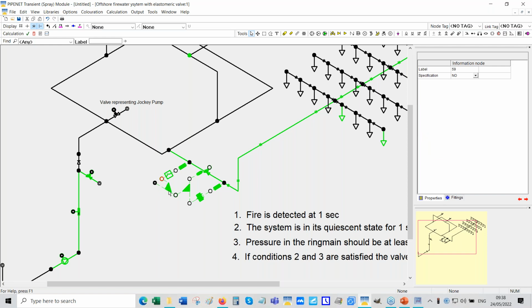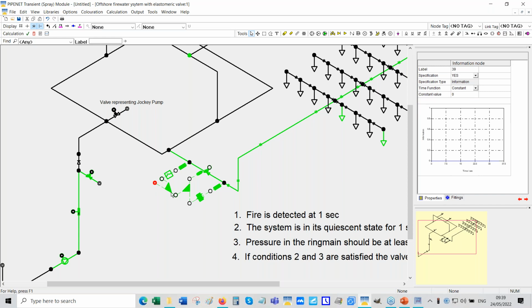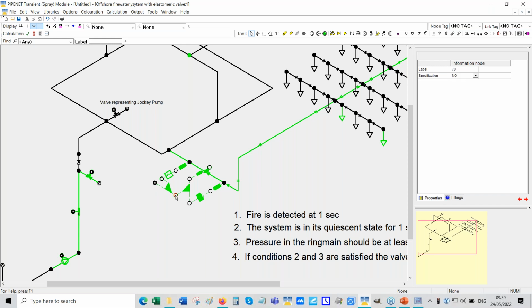So the output of this will be that value up to 1 second. So it will have 0 here. And after 1 second, it switches to this. And we have a pressure switch here, which turns on at about 2 bar gauge, and that's a pressure sensor.